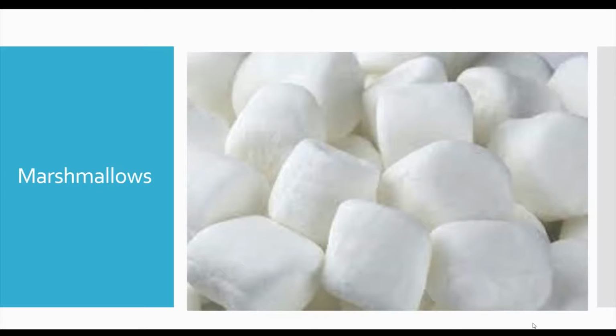So there's little bits of air in tiny bubbles all throughout the marshmallow. So all of those little bubbles throughout the marshmallow are in one phase, a gas, whereas all of the sugar and proteins and flavor are going to be in another phase, a solid. So anytime you have a foam, whether we're talking about a styrofoam cup or marshmallows or whipped cream, whenever you have a gas dispersed throughout a material, whether that's a liquid or a solid, that's an example of a heterogeneous mixture.